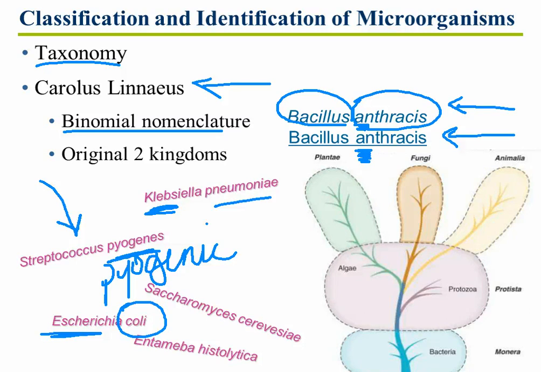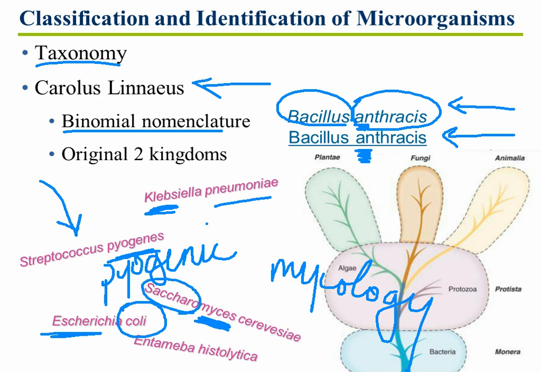Or sometimes you'll see something about what the organism is. Remember the field called mycology? Myc means fungi. This is a fungus right there. And sac, as in saccharin or saccharolytic, pertains to sugar.